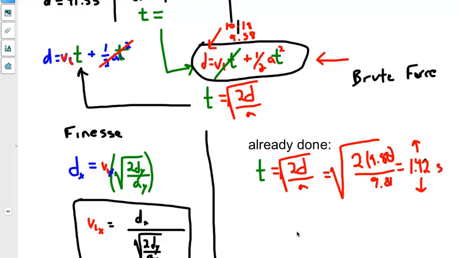Let's see, 2 times 10.8. So I got 1.44 for one of mine. You should check the same thing, make sure you do also.